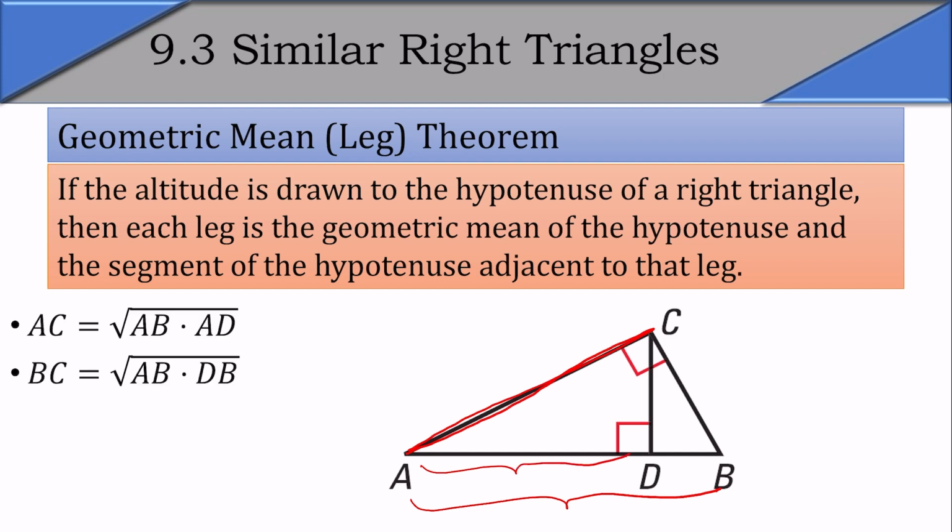So AC is the geometric mean of AB and AD. BC, this one, is the geometric mean of the whole hypotenuse and the part touching that leg. So it would be AB and DB.